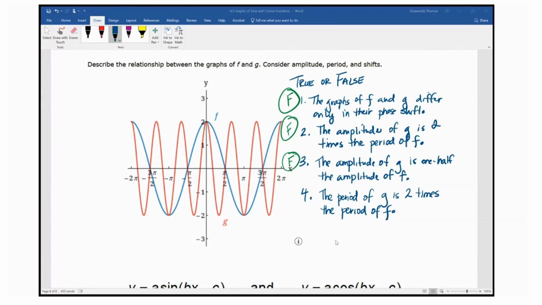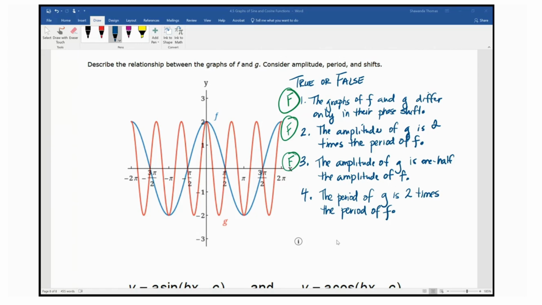Do Leo, Owen, or DeAndre know why? They can explain. All the x-intercepts are the same. But we're talking about period, though. Yeah, but don't you use the period to find the intercepts? So it's like period over 4, right? The period is one cycle.